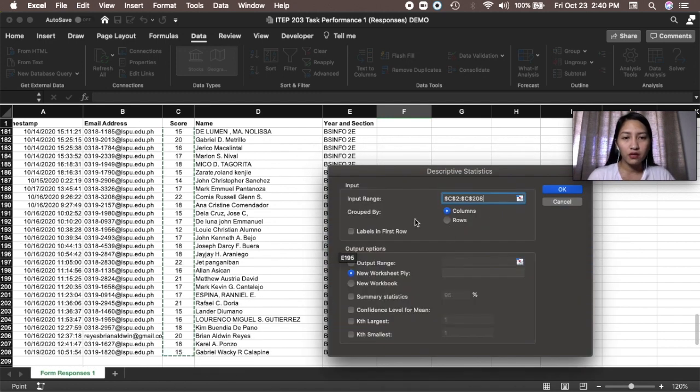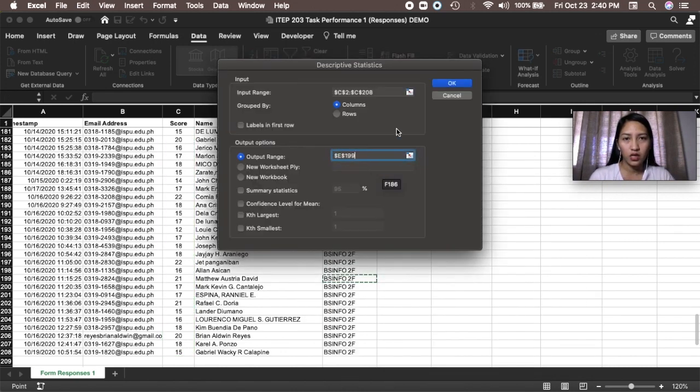And then, next is, yung output range natin would be, okay, wait, it would be a new worksheet. Okay, so that is the new worksheet. Let's try to name it descriptive statistics. And then the summary statistics.